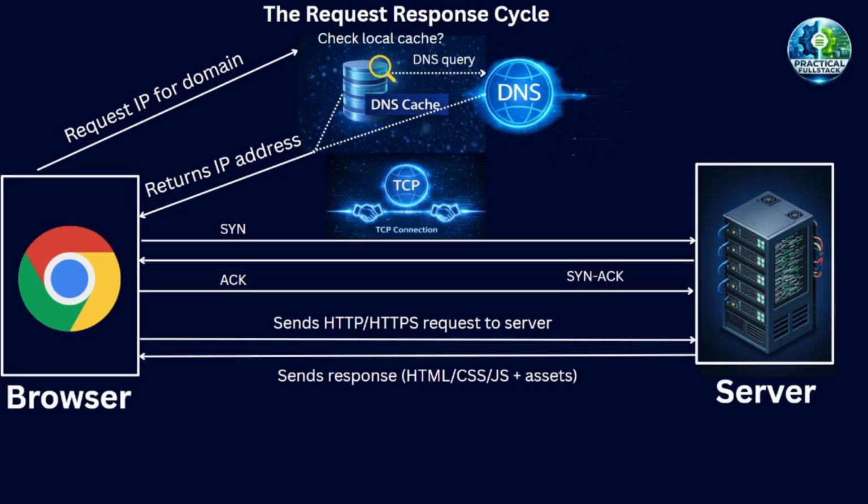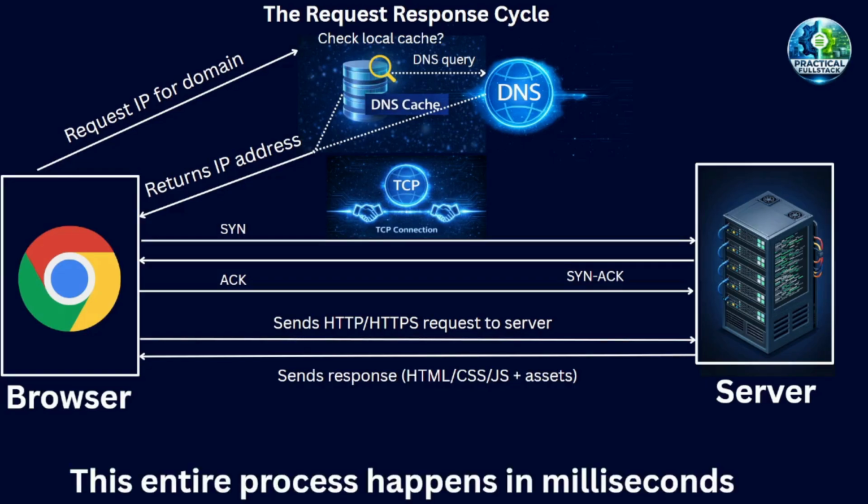This entire process happens in milliseconds, and this request and response between browser and server happens continuously till the browser gets all the web pages required. That is why it is called a cycle. So this is it about the request response cycle.